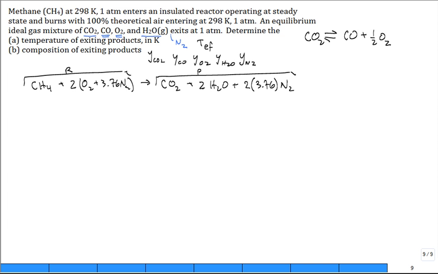It's chemical equilibrium. True? So what we do is we leave the right-hand side alone, CH4 plus 2O2 plus, I'll write it a little different. I'll write it as 7.52 N2s. It's a little cleaner to do coefficients in front of each term.